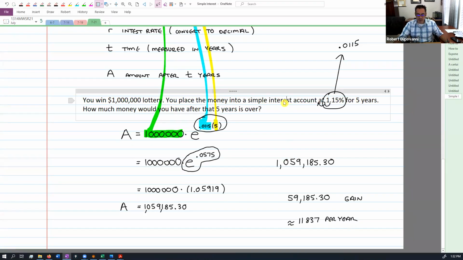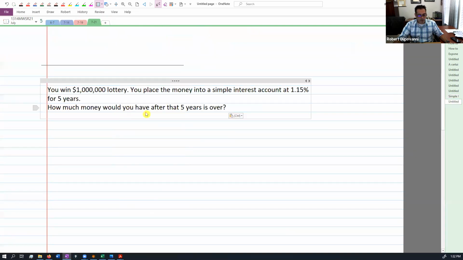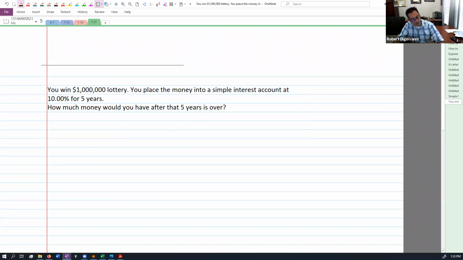So if we were to do the same problem, but let's say we change it to 10%, then our formula would become A equals 1 million e to the 10% converted to a decimal, 0.1 times 5, which would be 0.5. I'm going fast because I'm almost out of time. e to the 0.5. I do this on my calculator.